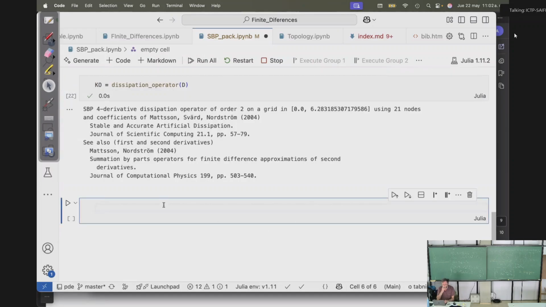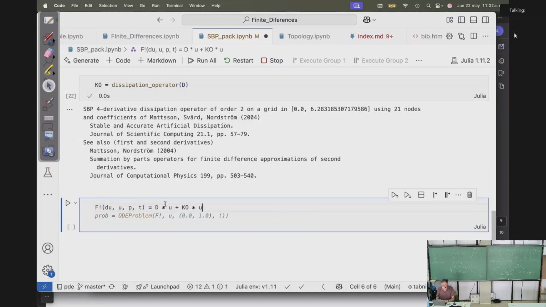and now we can generate some problem, okay? So we have to do the function f, and the function f will take the u, and the function f is just this, right? Just d times u plus k.